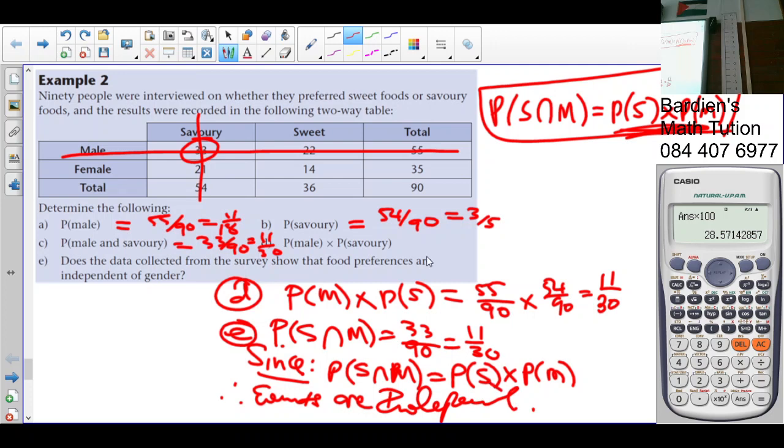And this question is synonymous with this two-way or contingency table. Whenever you see this, rest assured that this question is going to come.